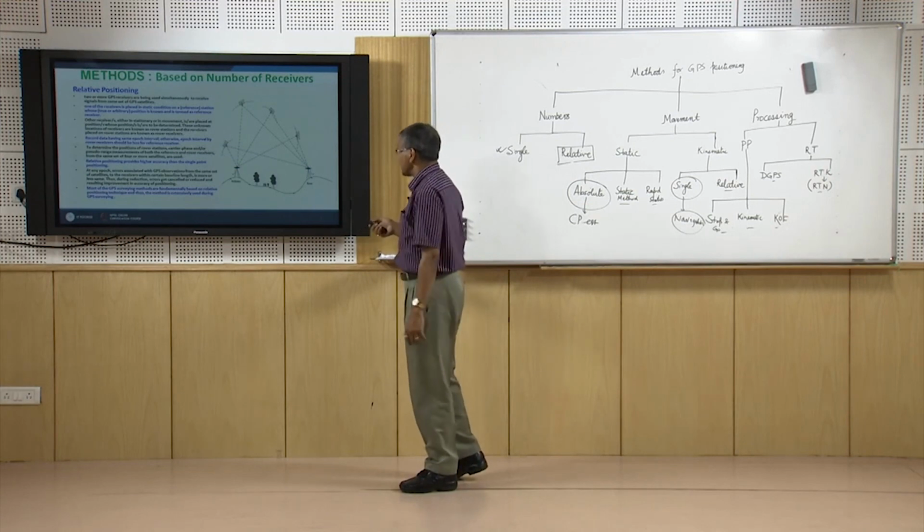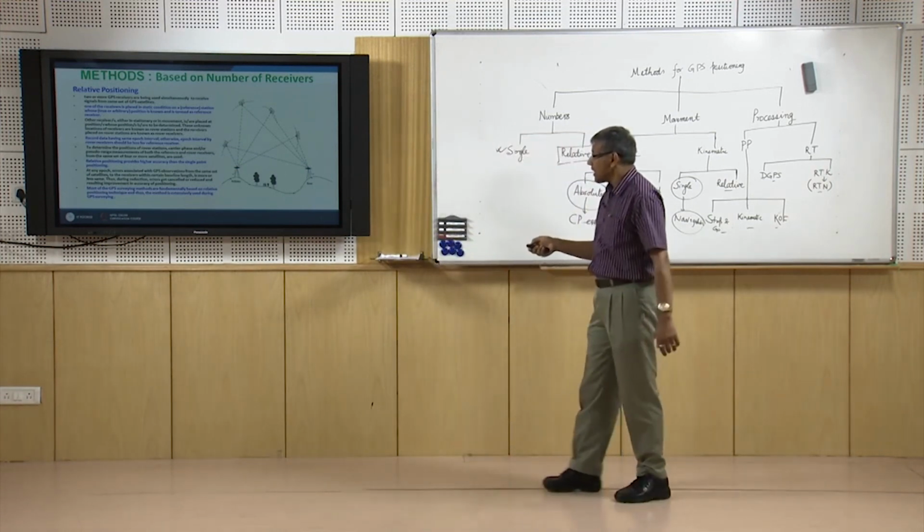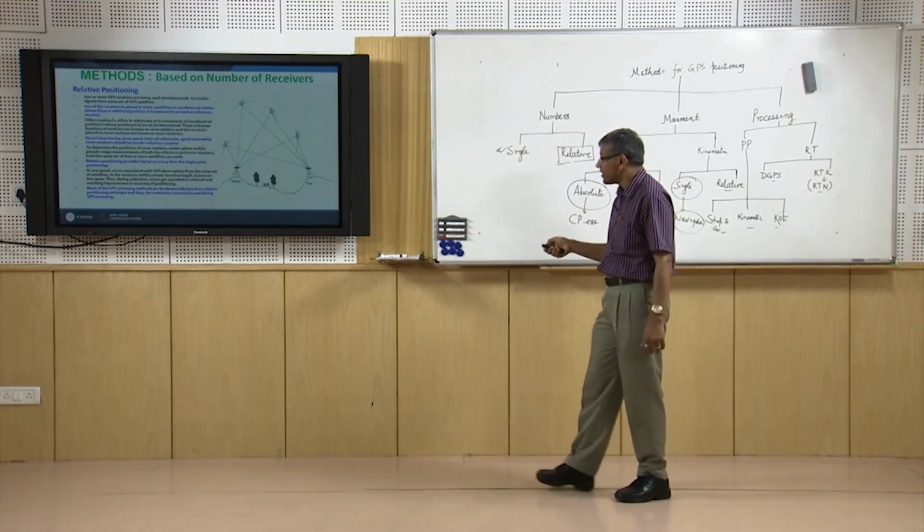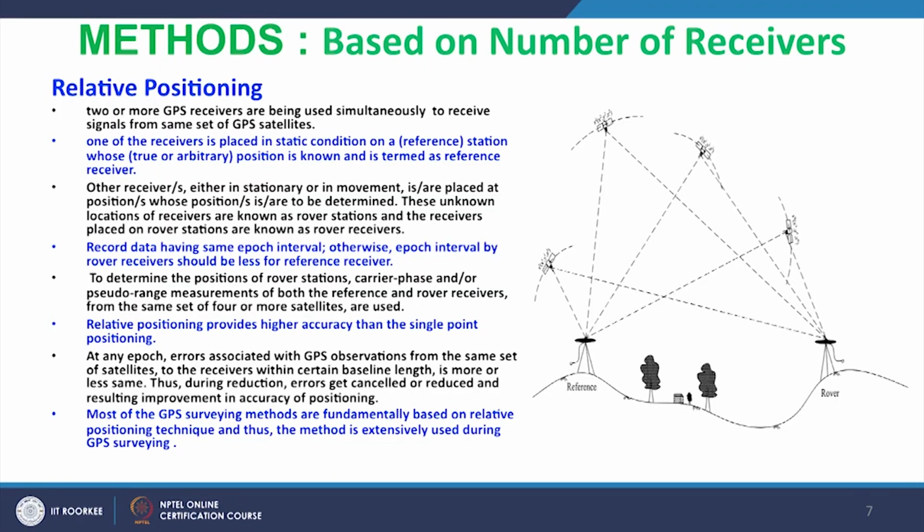The condition is that both reference and rover receivers should receive signals from at least 4 identical satellites. This is the condition which must prevail for relative positioning, and the epoch of observation for the rover receiver should be equal to that of the reference receiver or more than it.